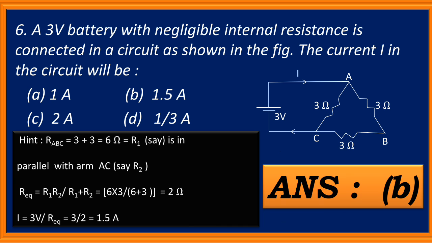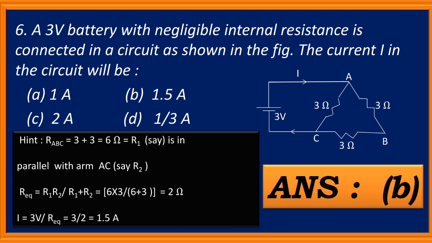You can see in the figure resistances in the arms AB and BC are in series and the equivalent R_ABC is R1, which is 6 ohm, and this R1 is in parallel with 3 ohm in the arm AC.